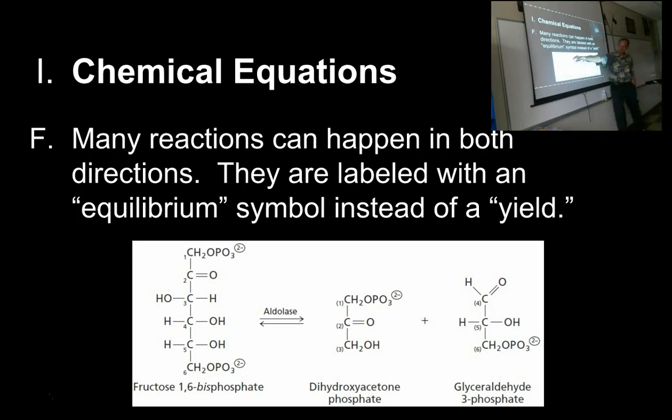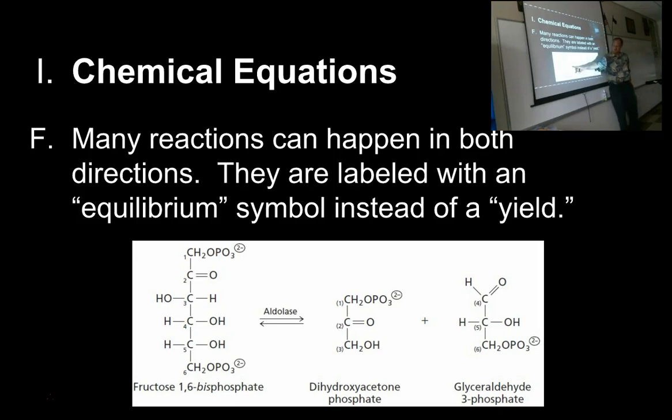This big 6-carbon molecule is cut in half into 2 3-carbon molecules, basically is what happens. So one big thing gets cut in half. But your body can also take these 2 3-carbon molecules and stick them together and make fructose again. It can go both ways. It can go towards the products, or it can go towards the reactants.